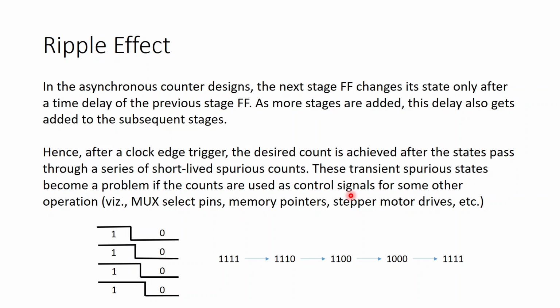Then we try to understand a phenomenon here, which is the ripple effect. This is because of the asynchronous mode of operation. What happens? There is this lag in transition of the signals.